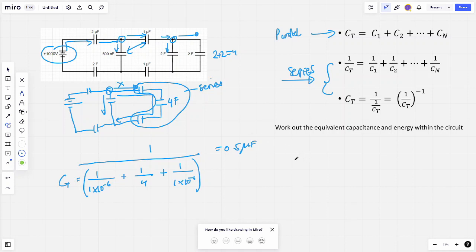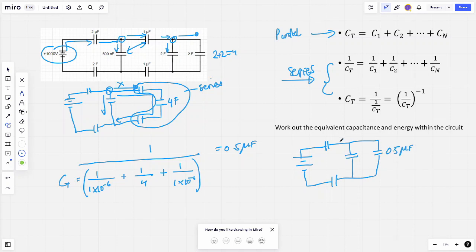So what does that look like? We've got the power source, we've got the 2 microfarad capacitor, we've got a 500 nanofarad, we've got a 2 farad capacitor, and then these 3 now become 0.5 microfarads.